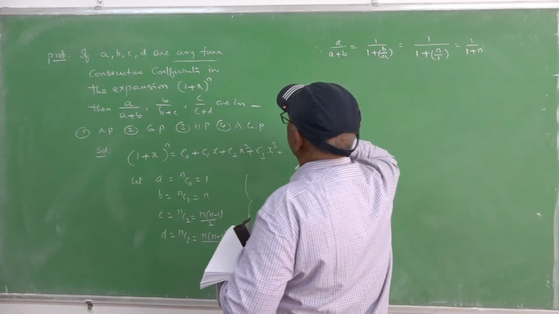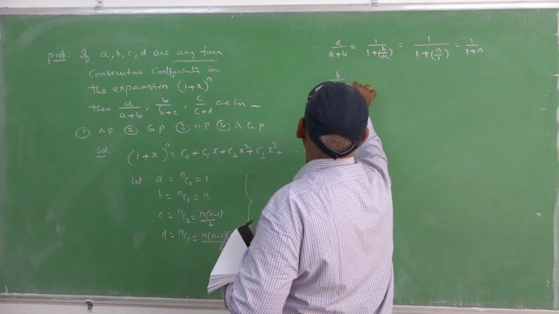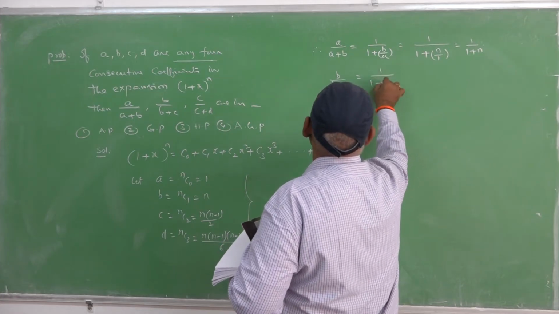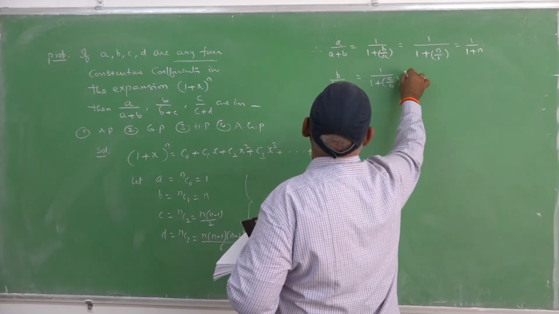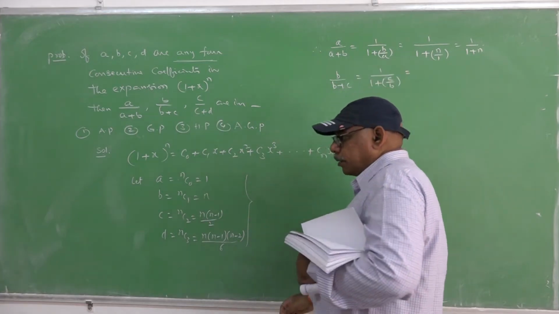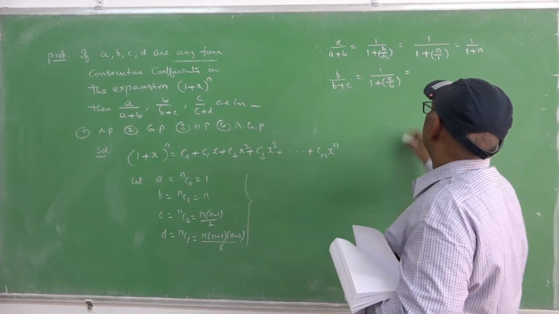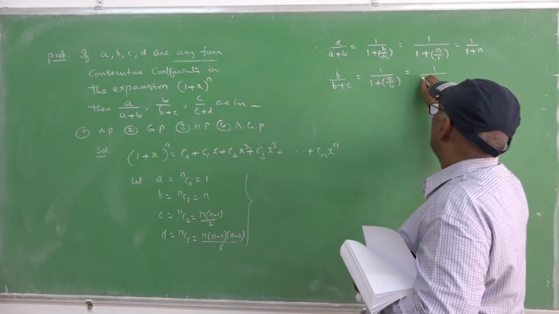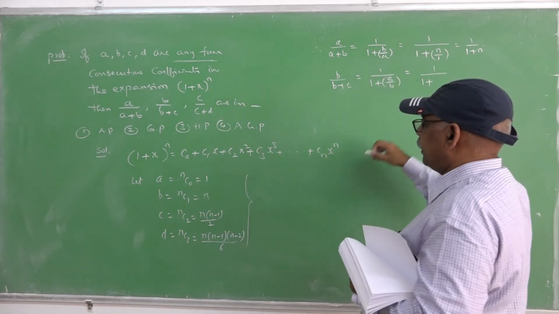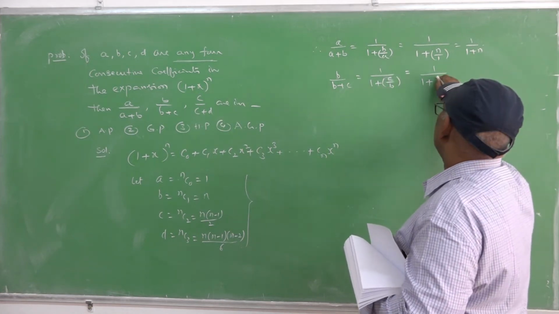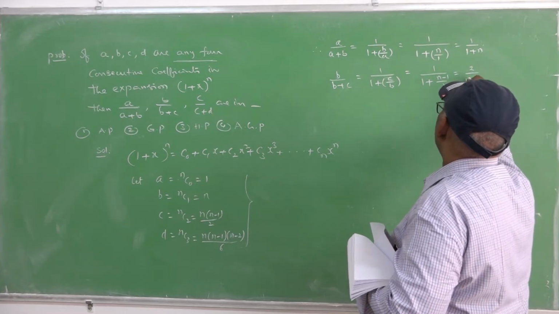The next one is b by b plus c. That is 1 by 1 plus c by b, dividing the numerator and denominator with b. n may cancel, that gives us n minus 1 by 2, that gives us 2 by n plus 1 itself.